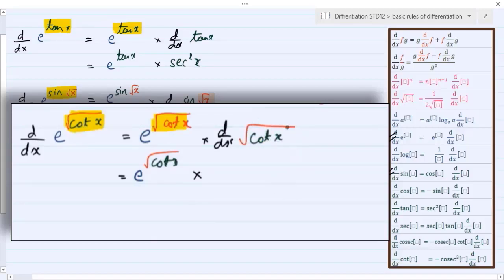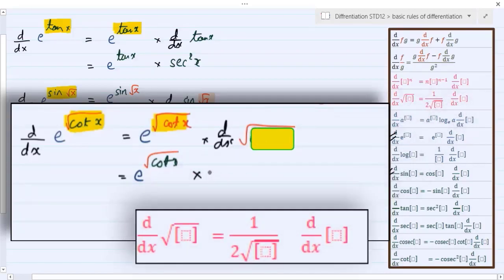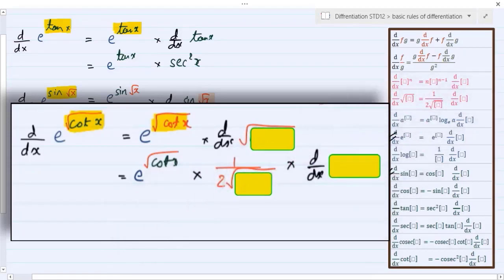Now root cot x is a combination of root and cot x, where cot x is an inner function. So let's consider a box around the cot x. So we just have to focus on differentiation of root box, which is nothing but 1 upon 2 root box into d by dx of box, and within the box we have cot x.